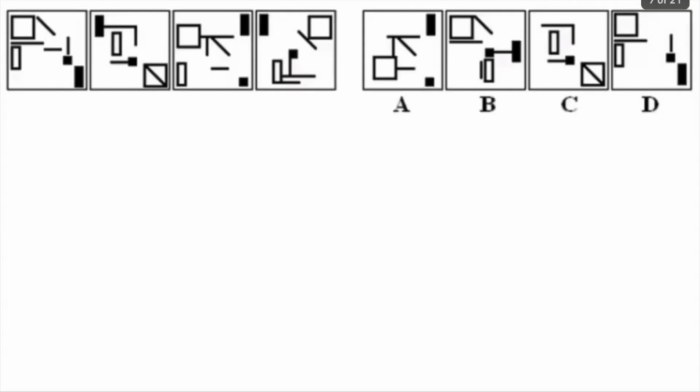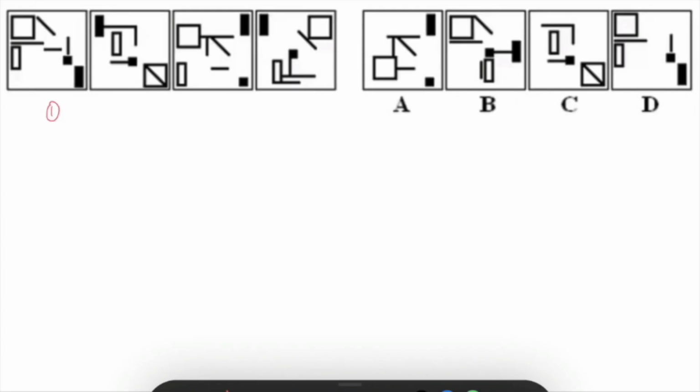Here we have the same question and it asks us to find the fifth pattern. If we have patterns 1, 2, 3, 4, I have the four patterns, and the question asks for the fifth pattern. So I'll do some analysis to find the relation that connects the four patterns.